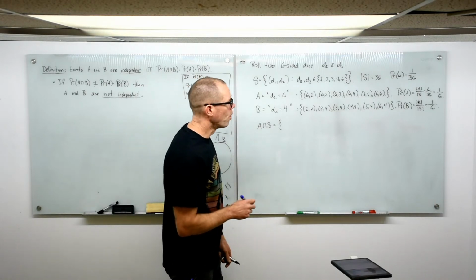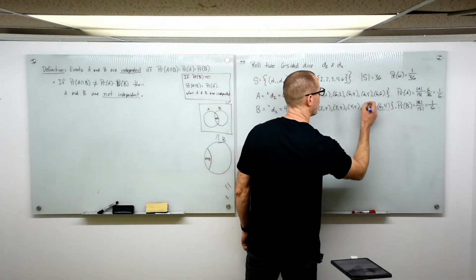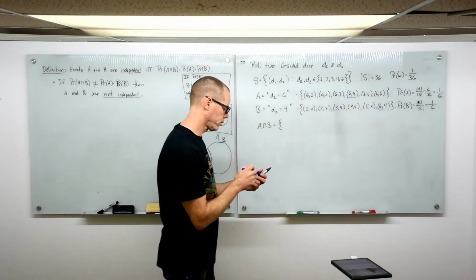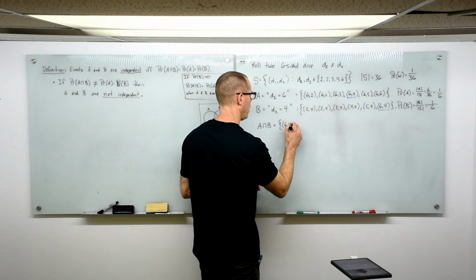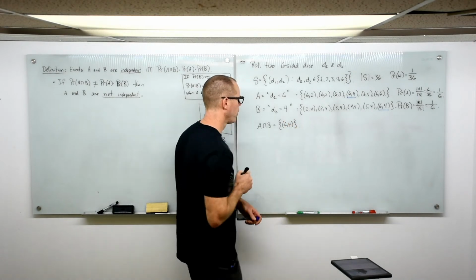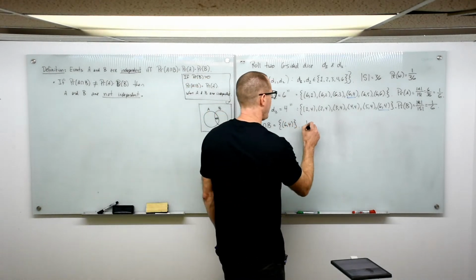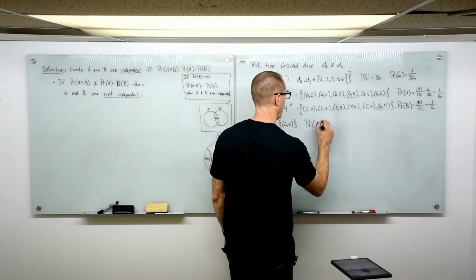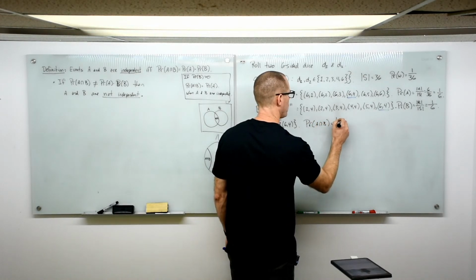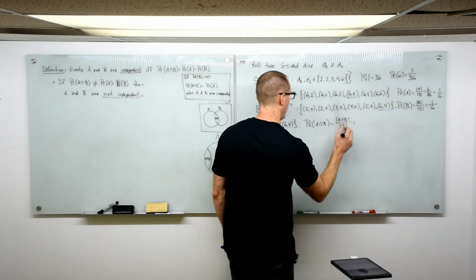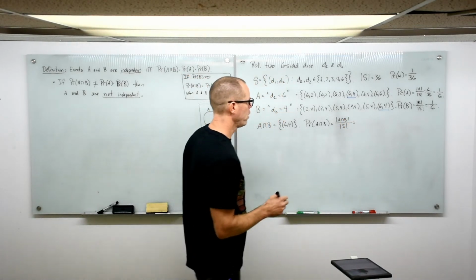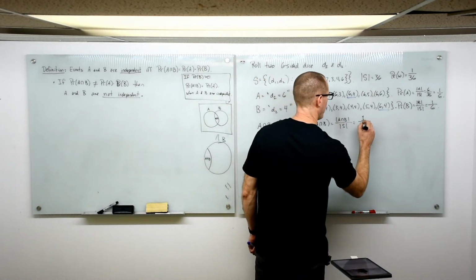So the only thing that has both of those is 6-4. So A intersect B is 6-4. The probability of A intersect B is just the size of A intersect B over the size of S, which is 1 out of 36.